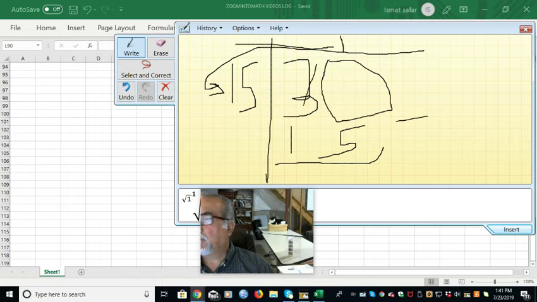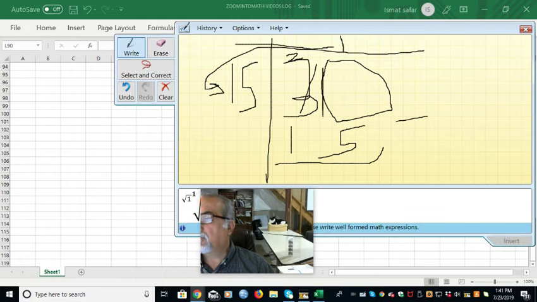We borrow 1 from this 3, so we have 10 over here minus 5, which is 5. And 2 minus 1 is 1. So 30 minus 15 is 15.